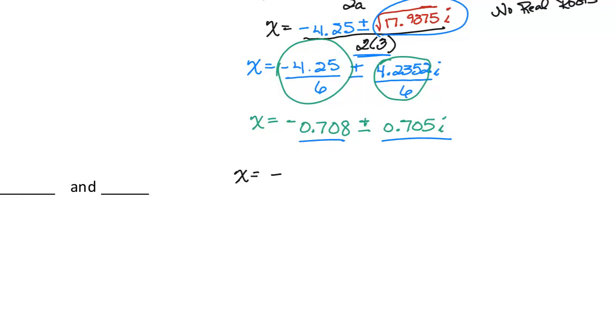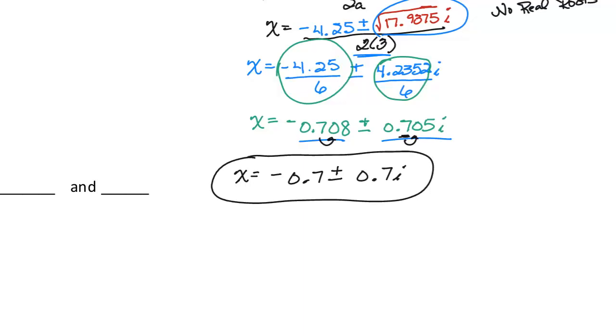So the nearest tenth here would be negative 0.7 plus or minus the tenths place here. Look next door. That's a 0. That is 0.7i. And that is all you can do because you cannot add these together.